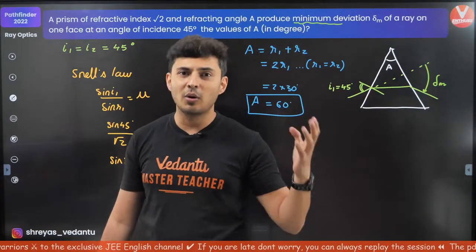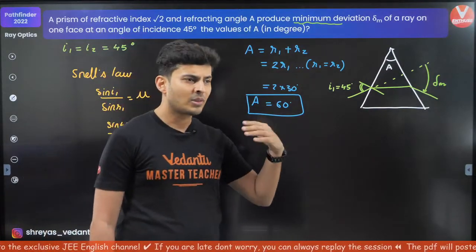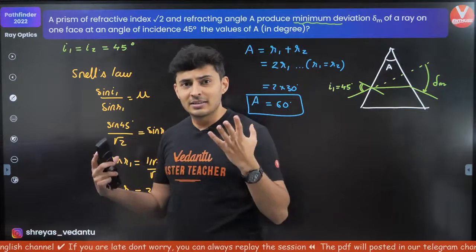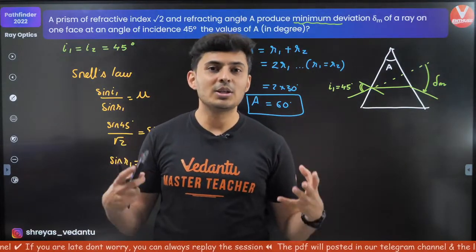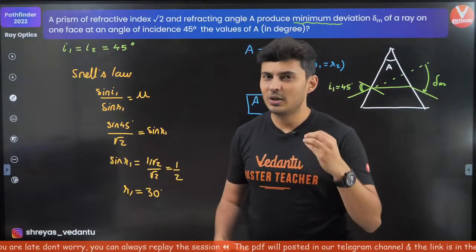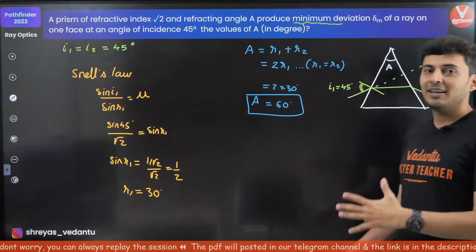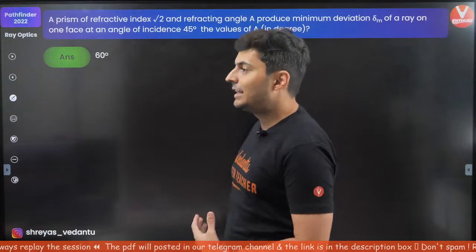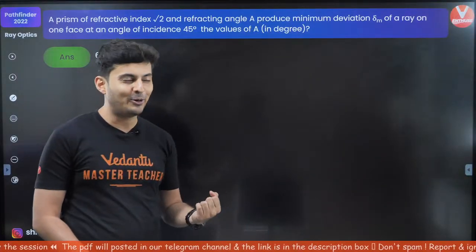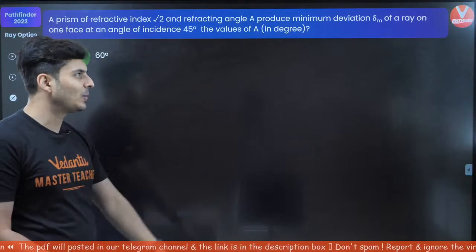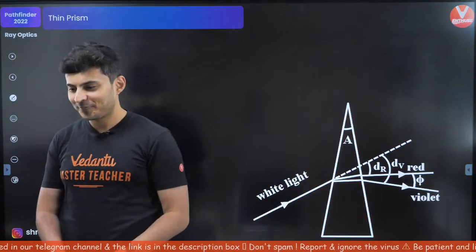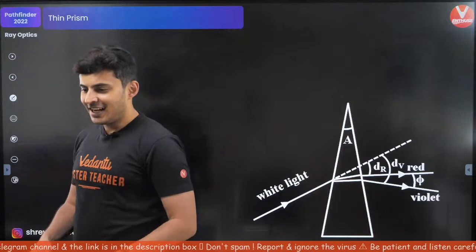There are a lot of theorems, properties, triangles, squares, circles, tangents, all of those are used, and simultaneously you need knowledge of trigonometry. Without that, you will definitely not do well in ray optics. Let me warn you. So, develop the liking towards trigonometry and geometry if you want to excel in ray optics. Alright, let's move on to the next question.